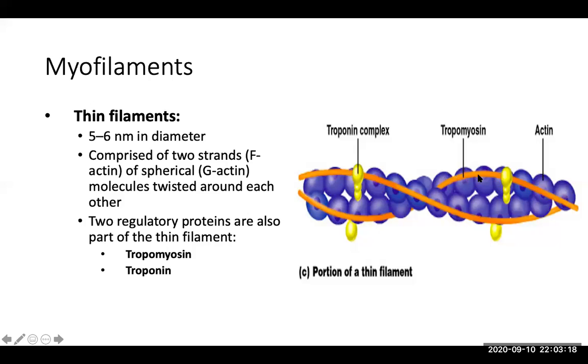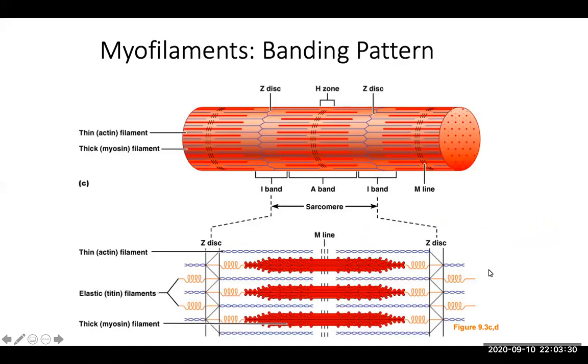Tropomyosin covers the myosin head binding sites, and troponin, or the troponin complex, is a protein that's attached to the thin filaments. So myofilaments and how they band together: the thick and thin filaments overlap each other, kind of as if you were to put your fingers together with them overlapping. And you'll see here the thin and thick filaments overlap each other.